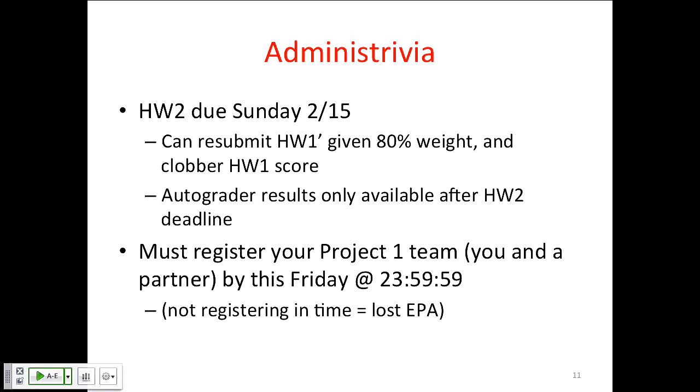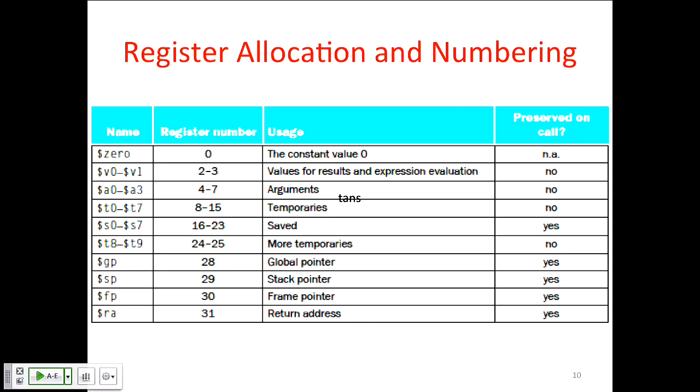Okay. So good, somebody spotted, where's register 1? We'll find out about register 1 later. Where did 26 and 27 go? You won't find out about that in this class, but 26 and 27 are reserved for use by the operating system.